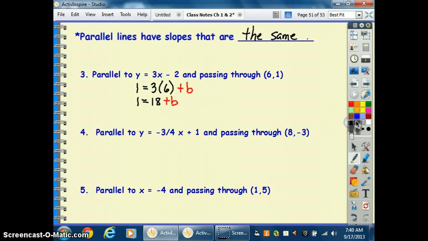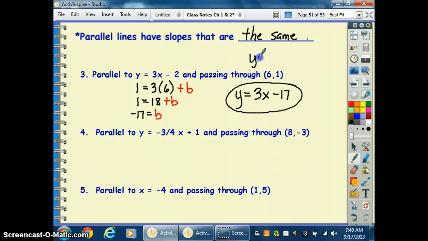And if I subtract 18 from both sides, I'll have negative 17 equals b. So now we can write the equation. The equation is y equals, we know it's the same slope, 3x, and our b here is minus 17. Remember, the equation is y equals mx plus b, the slope-intercept form.